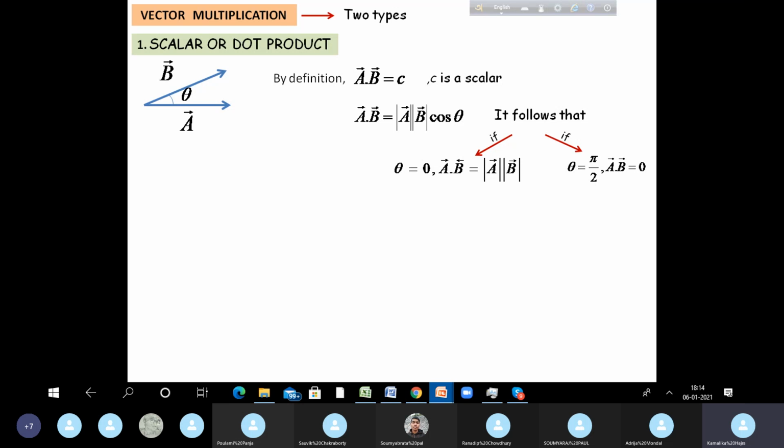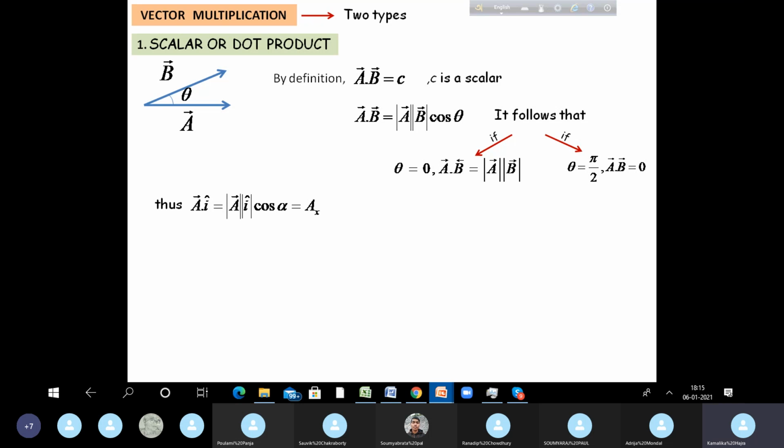If the dot product is 0, you can quickly say that the two vectors are perpendicular to each other. If the dot product is the product of the magnitudes of the two vectors, you can quickly say that they are parallel. For any value in between, you can say that there is a certain angle between the two given vectors. So from the simple formula, you can comment about the mutual orientation of two given vectors.